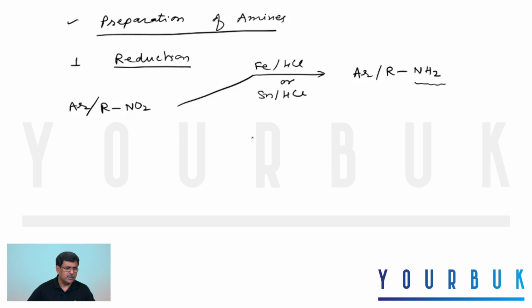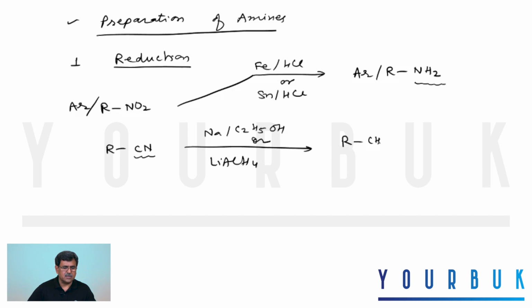Now we can also reduce the cyanides, nitriles, by using sodium and alcohol as a reducing agent, or we can use lithium aluminium hydride. It gives a primary amine with the same number of carbon atoms.